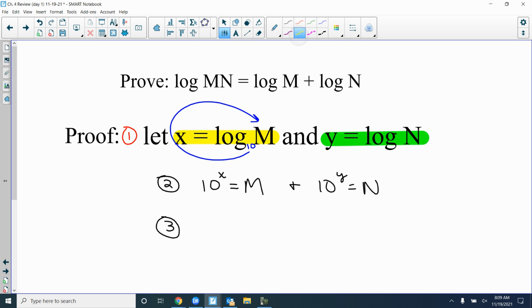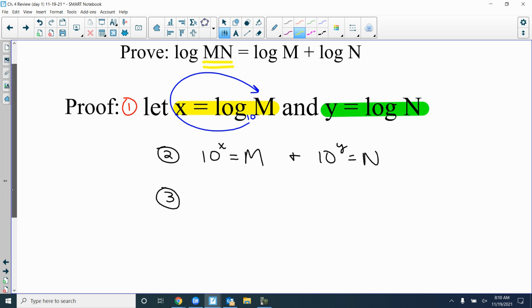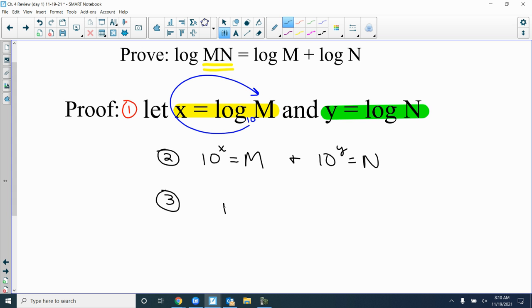Within my problem, I have to have an m times an n. You have to multiply that. So what I'm going to do right here is say m times n is equivalent to 10 to the x times 10 to the y. I just took that from the step above. If I multiply m times n together, since one of them equals 10 to the x and the other equals 10 to the y, that has to be a true statement.